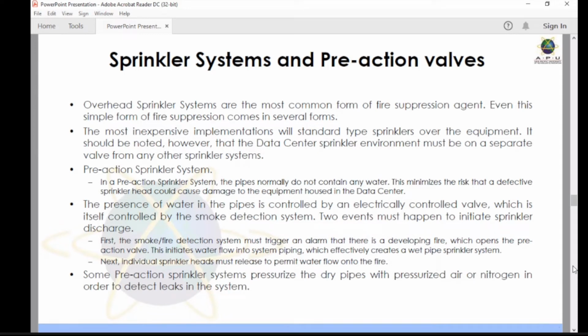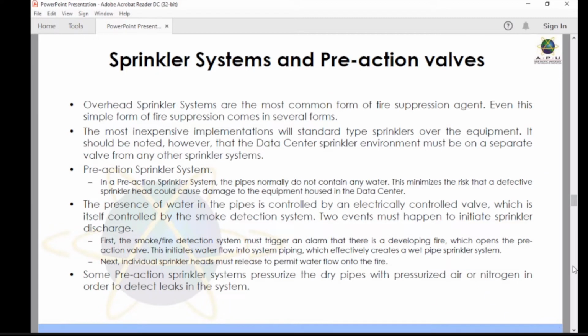Pre-action sprinkler system. In a pre-action sprinkler system, pipes normally do not contain any water. This minimizes the risk that a defective sprinkler head could cause damage to the equipment housed in the data center. If you continuously leave water in the pipes, then if there is a leak somewhere, you may not notice it, okay.